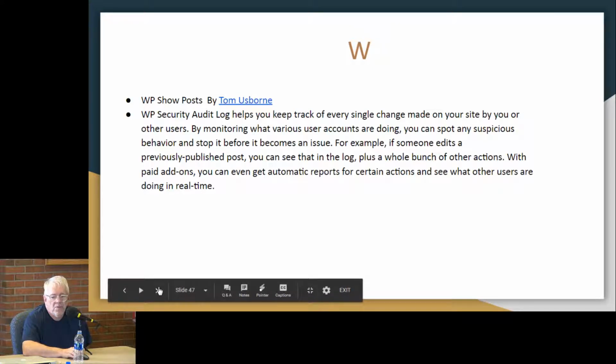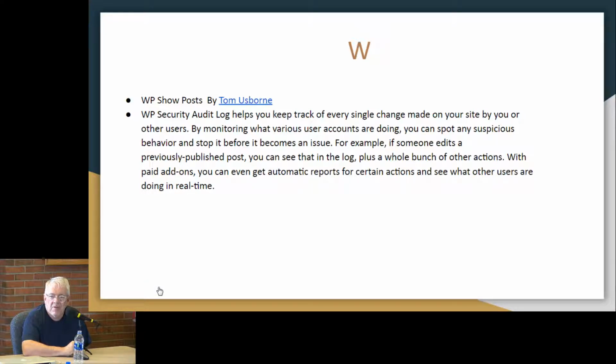WP Show Posts is great because with it you can show, with a shortcode, the posts that you have in your blog. So you might have a page where you want to display some post information onto a normal static page.